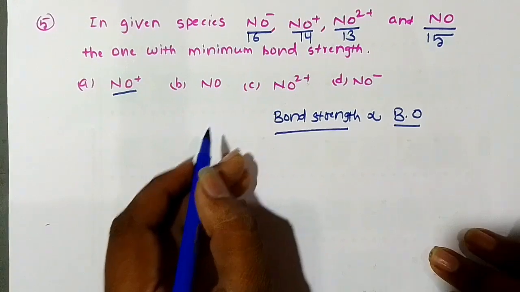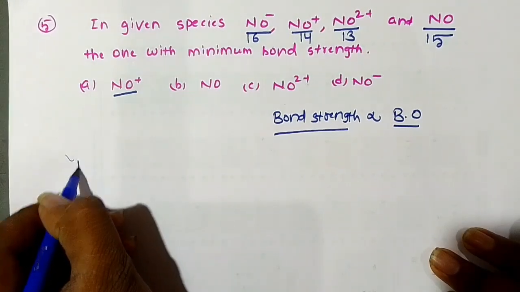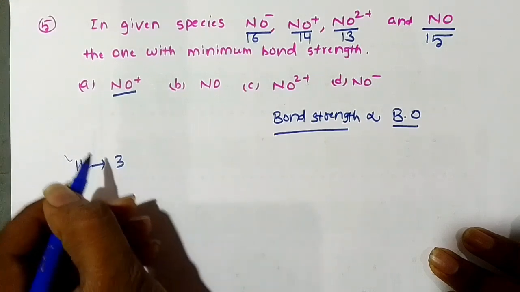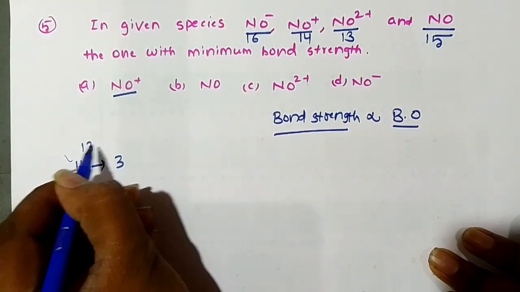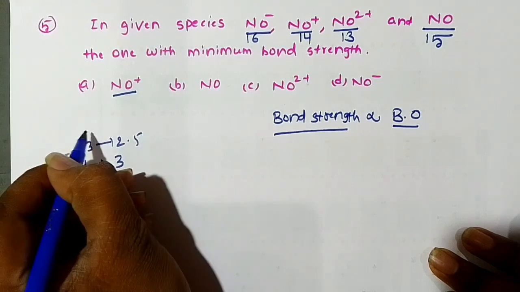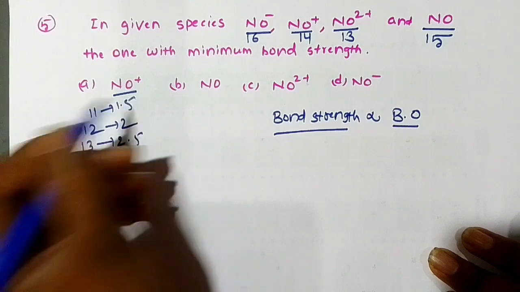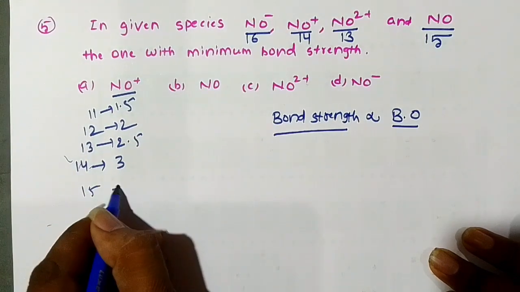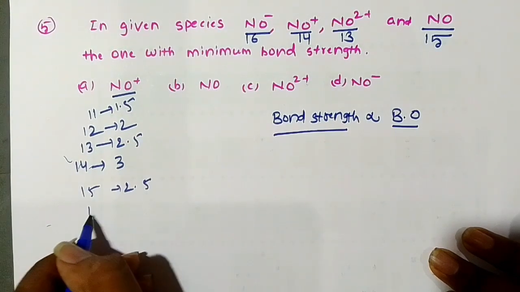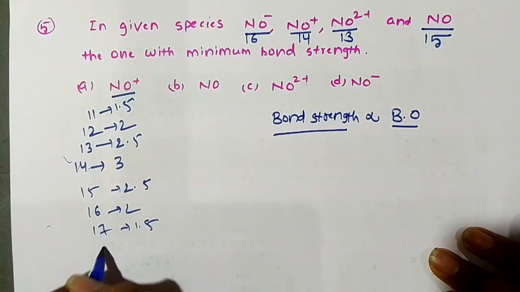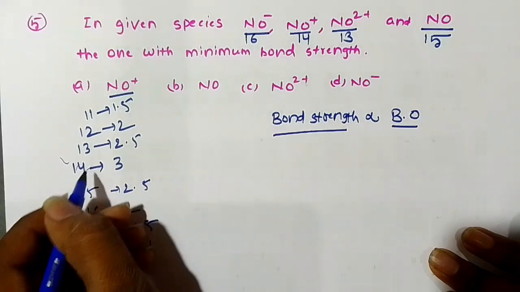Already you know the bond orders. If any species contains 14 electrons, bond order is 3. 13 electrons, 2.5. 12 electrons, 2. 11 electrons, 1.5. 15 electrons, 2.5. 16 electrons, 2. 17 electrons, 1.5. 18 electrons, 1.